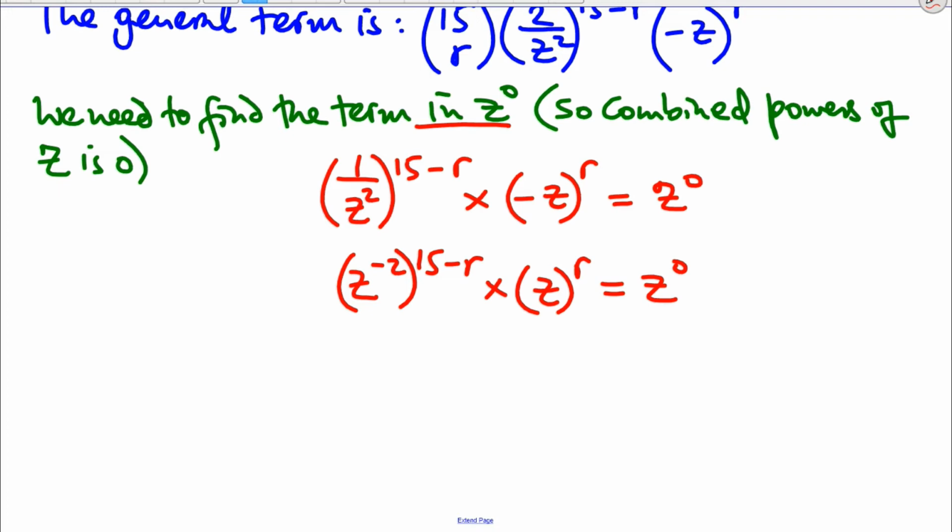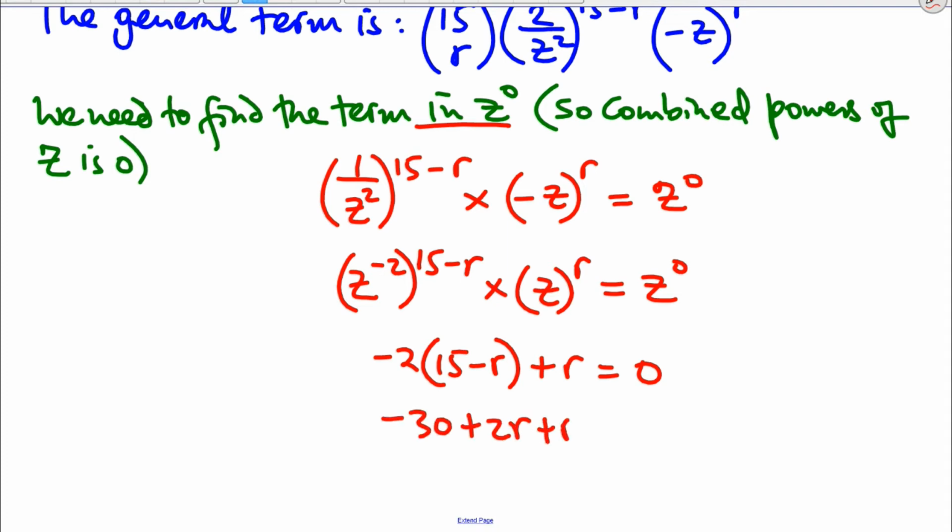So equating powers of z, we have negative 2 into (15 minus r) plus r equals 0. So negative 30 plus 2r plus r equals 0. So 3r equals 30 and r equals 10.